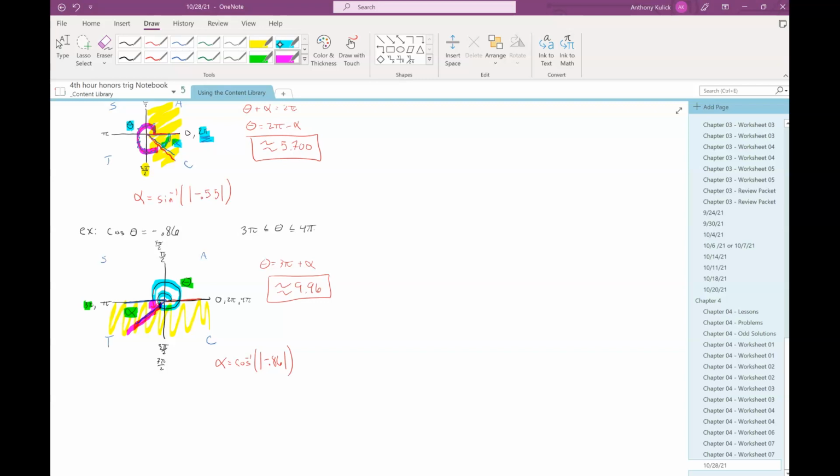If theta is a positive angle and the last axis you passed in drawing your standard position angle was a vertical, you're going to be subtracting. If theta is a positive angle and the last axis you passed on your way to the terminal side is a horizontal, you'll be adding alpha.